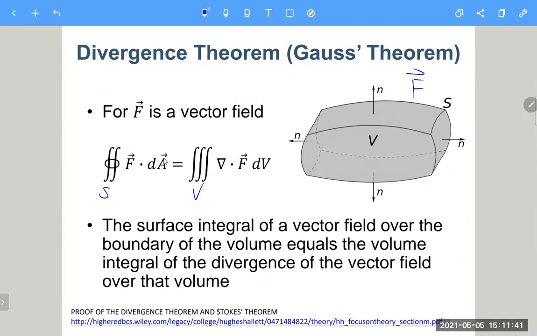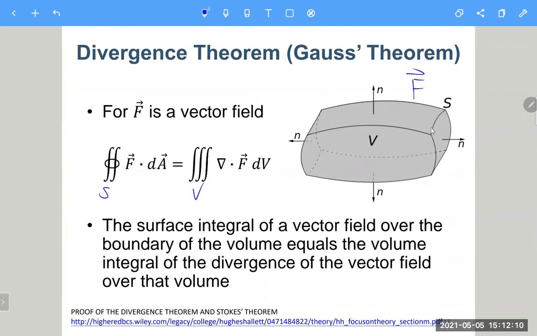So in this case, it means that we can calculate the divergence of this vector field, and then integrate it over this volume. And this is equal to the surface integral calculated directly over this surface.